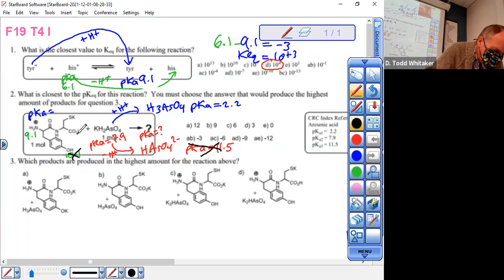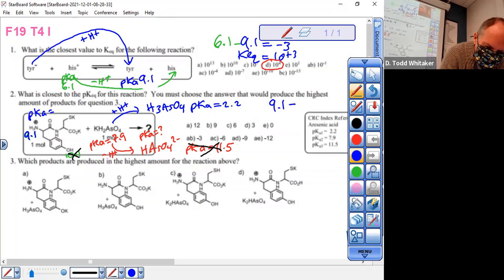There's no H's here or here. Never talk about amide H's for pKa of amino acids. Never talk about them. So I should have put that in blue because that's the blue scenario. That loses a proton to this, which becomes this acid.